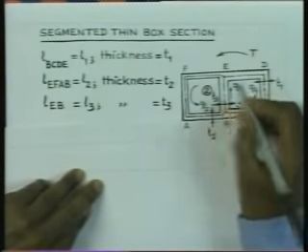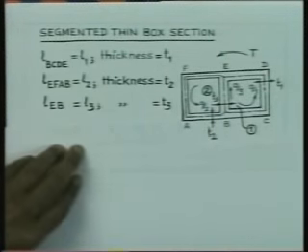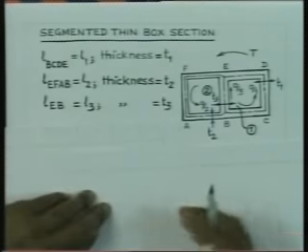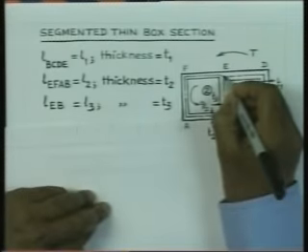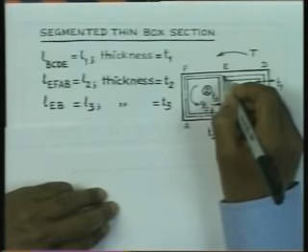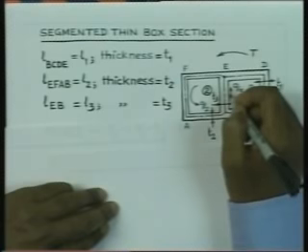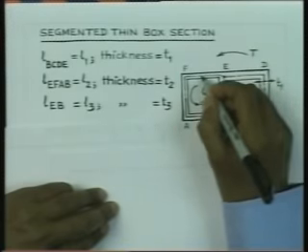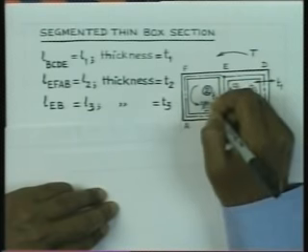Concentrate on the point E. We would now get, from the consideration of flow, this is the junction wherein you think of it that three branches of a pipe are connected. Flow here coming in is Q1, flow here coming up is Q3, and flow going out in this direction is Q2.